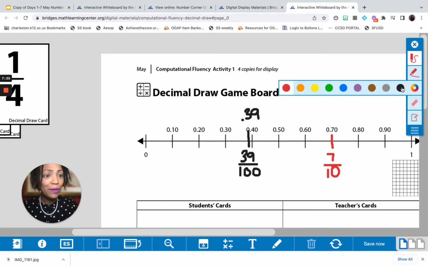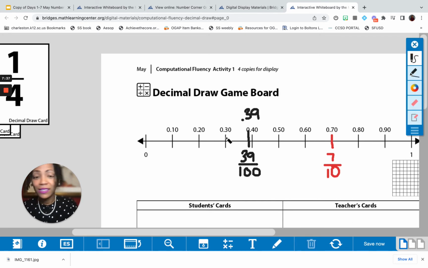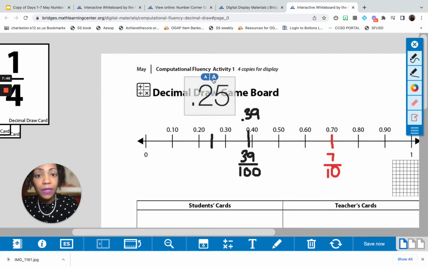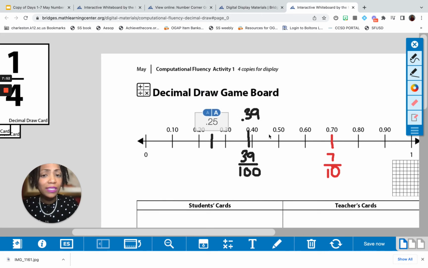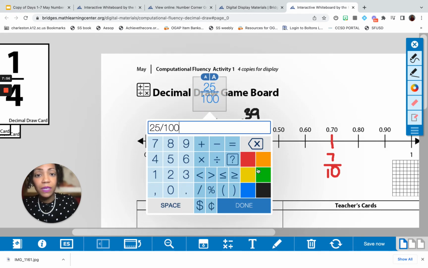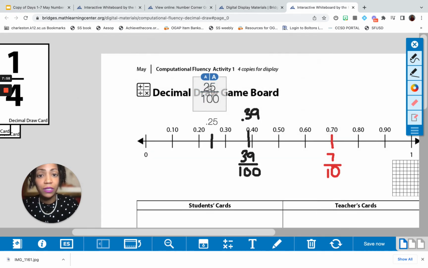So if I were to label that on this number line, it'd be right smack dab in the middle of, and I'm going to change the color. It will be in the middle of 20 hundredths and 30 hundredths, but I also need to write it as a fraction. So here it is.